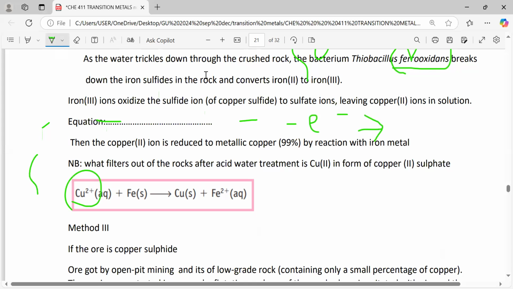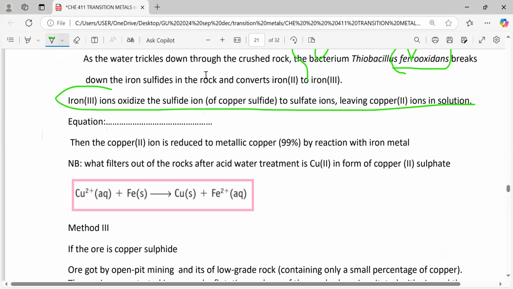So we neglect the sulfide. Plus iron. Oh, I've made a mistake. So I ask that you pardon me. That equation I'm talking about is not for this process. So allow me to return here.